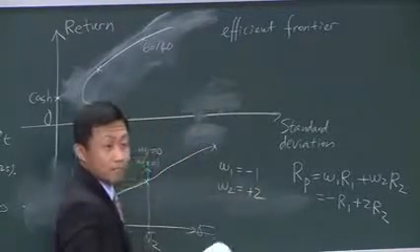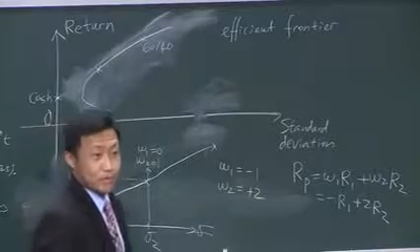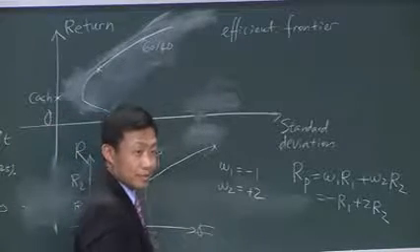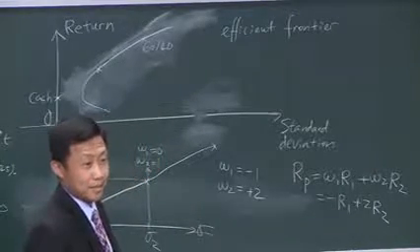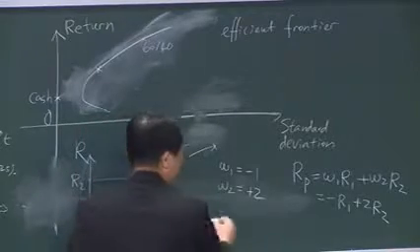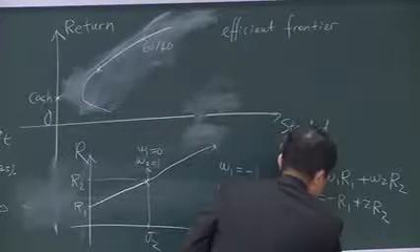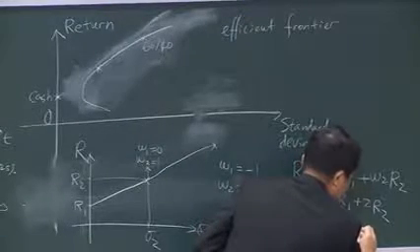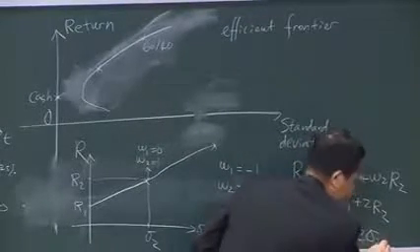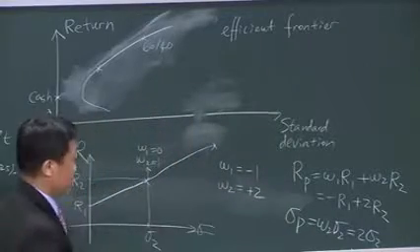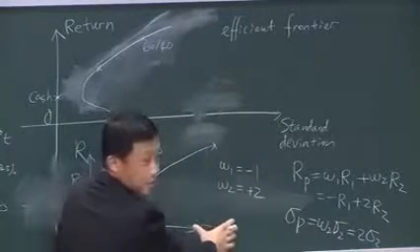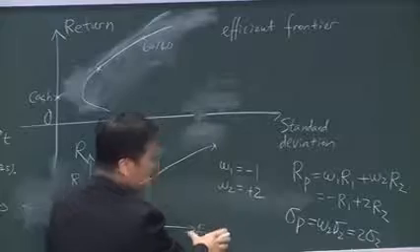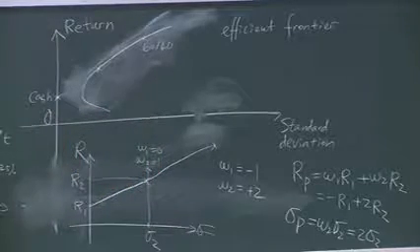What does your variance or standard deviation look like? As we did before, right? So sigma p simply equals W2 sigma 2. So in this case, it's 2 sigma 2. So you're 2 times more risky, 2 times as risky as the asset 2.